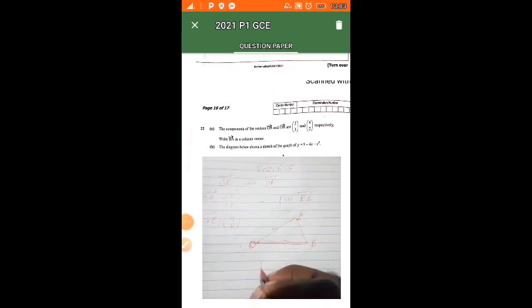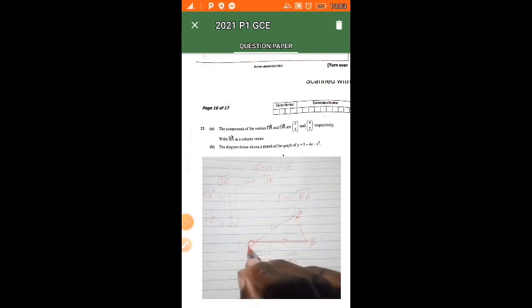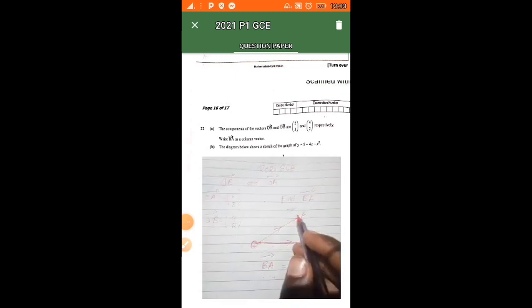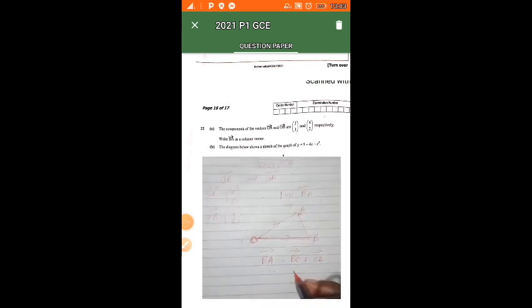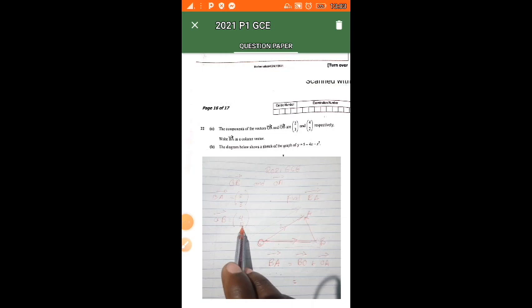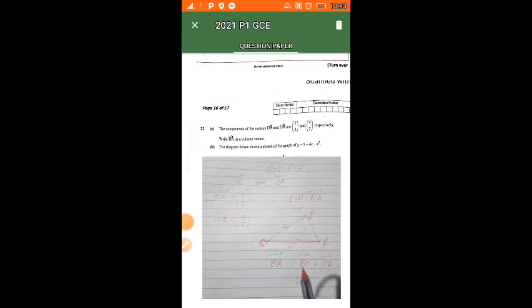So the equation is BA is equal to BO plus OA. From the data we have OA and OB. The only difference is BO, because we have OB and in the equation you have BO.